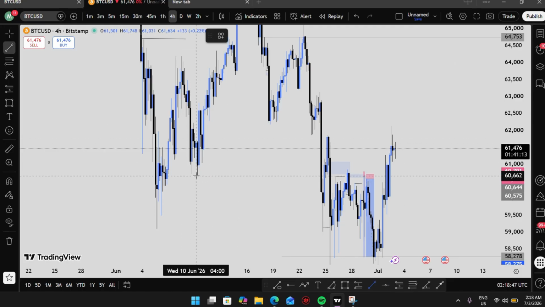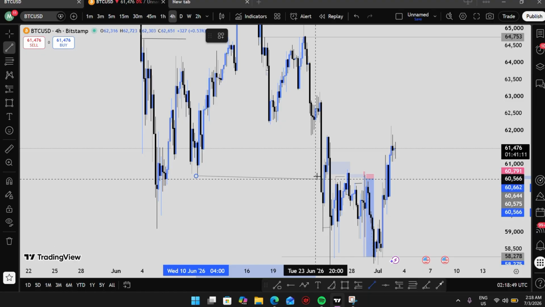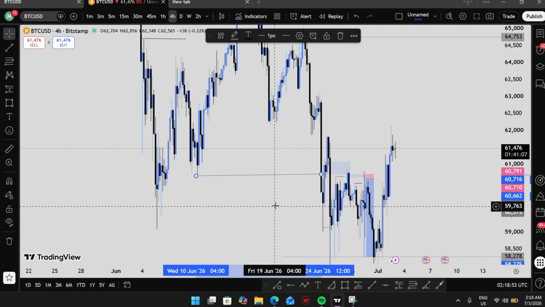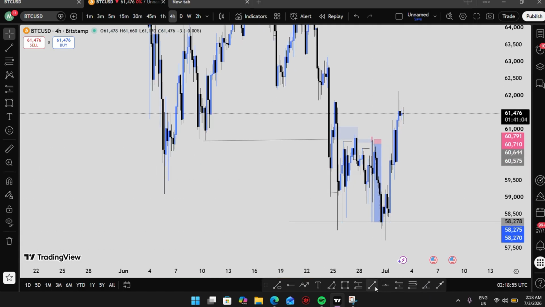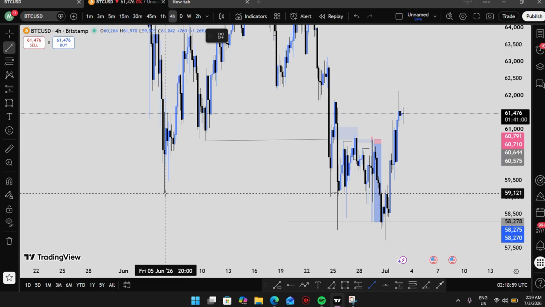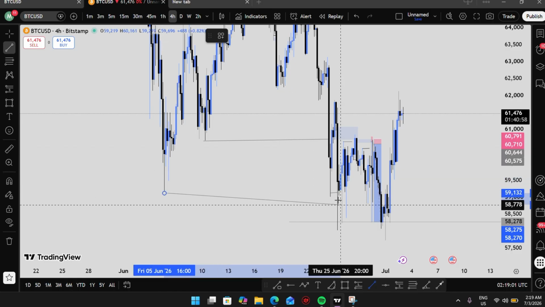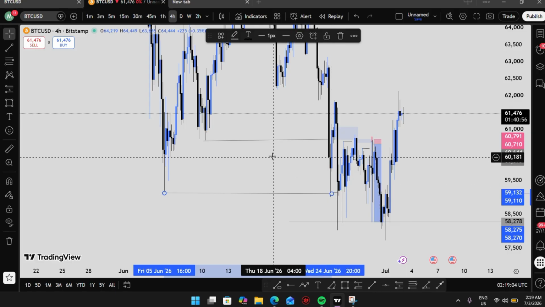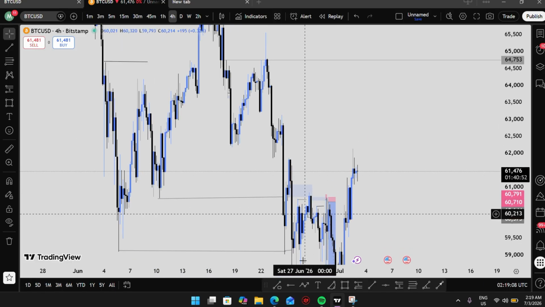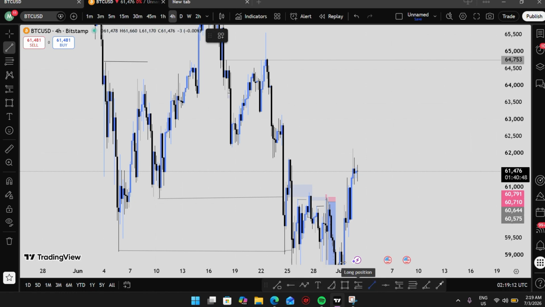It broke structure here and broke another structure here. And what did we see after this break of structure? We got an inducement here.